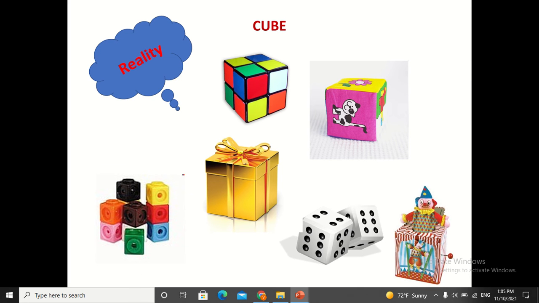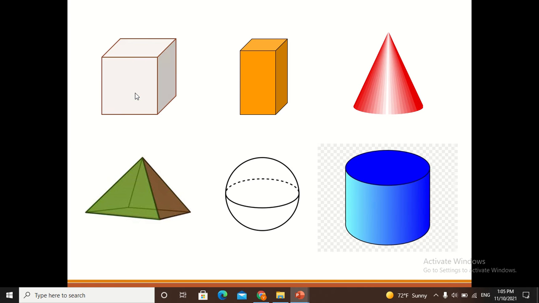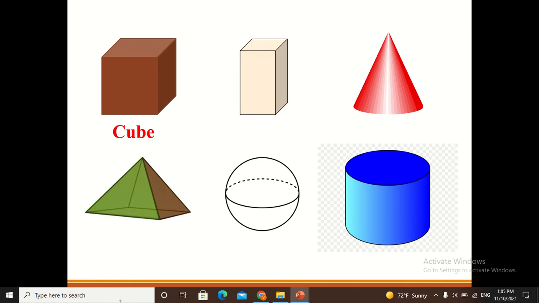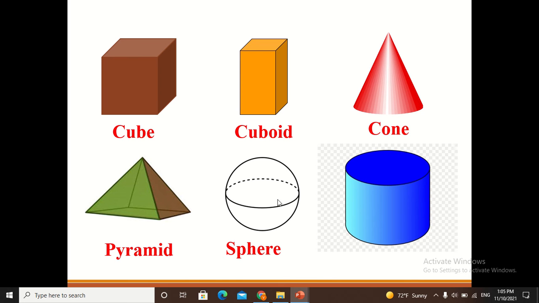Exactly, a lot of them. Cube, cuboid, cone, pyramid, sphere, and cylinder. All are 3D shapes.